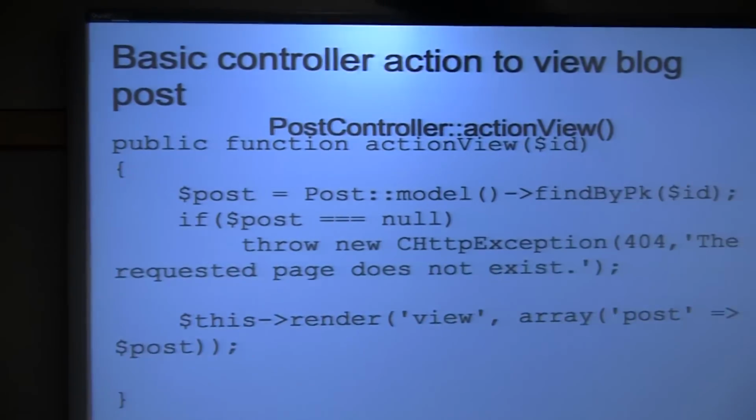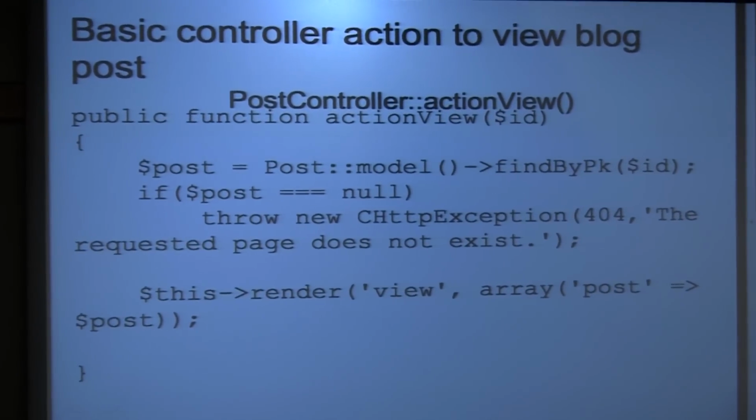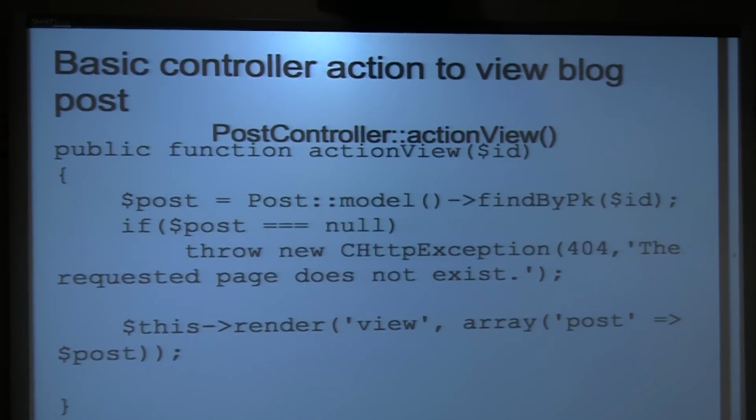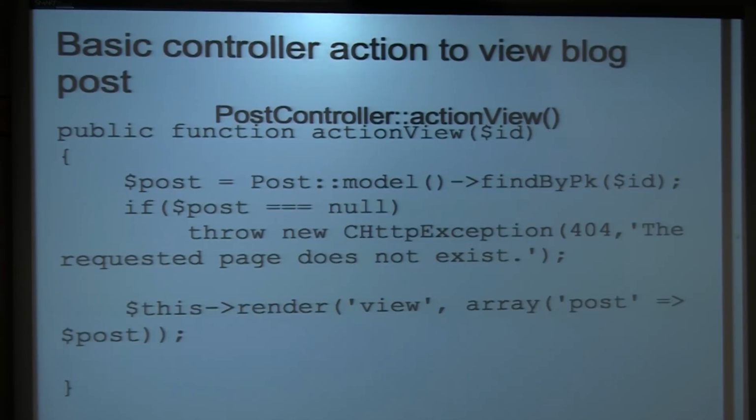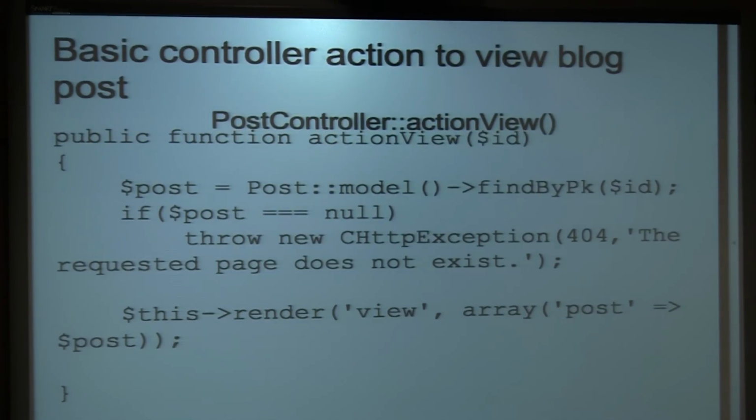You can certainly pass data from the controller to the view. And you do that by specifying an array of name-value pairs, where the key is going to end up being the same name as the variable as it's exposed in the view. So in this case, I'm passing in a post active record model called post, although I could have called it something else. You don't have to call it the same thing.